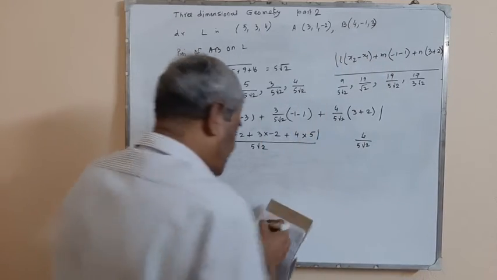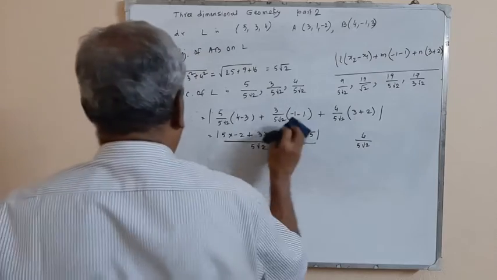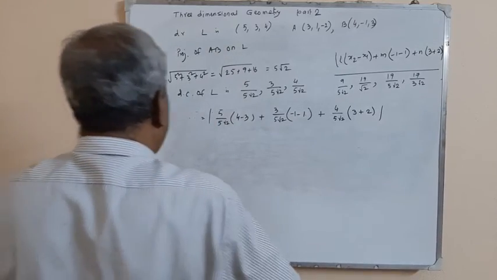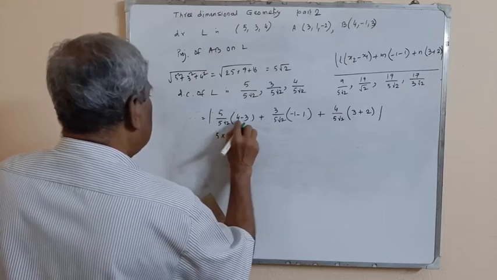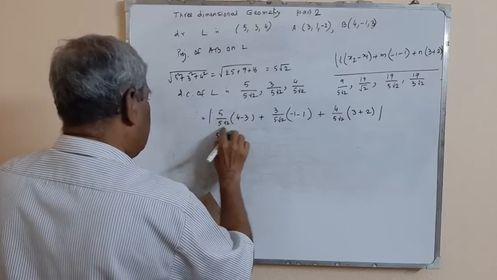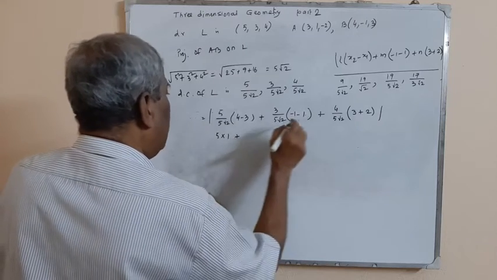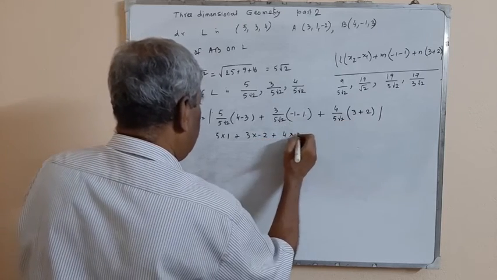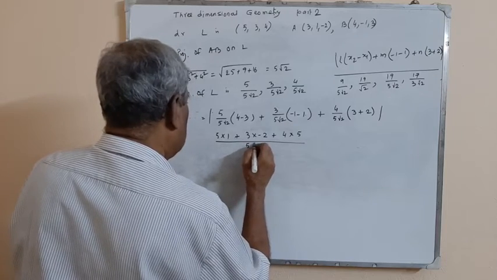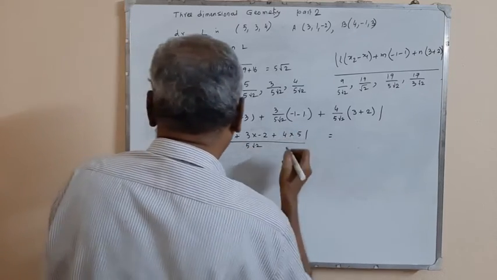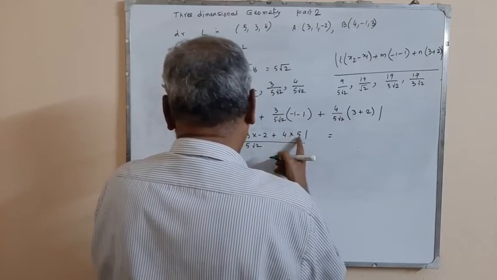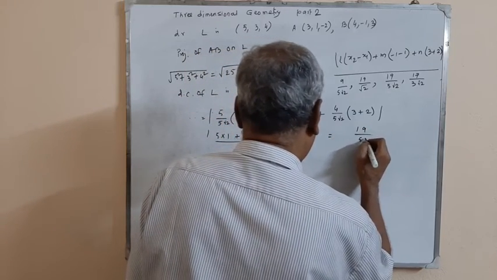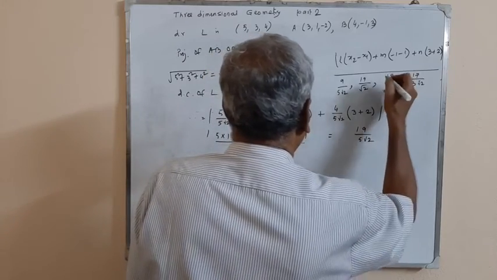So we get 5 into 1, and this is common. This one is 3 into minus 2 plus 4 into 5, by 5 root 2, with the mod sign, so this is equal to 20 plus 5, 25 minus 6, so 19 by 5 root 2. This is our correct answer.